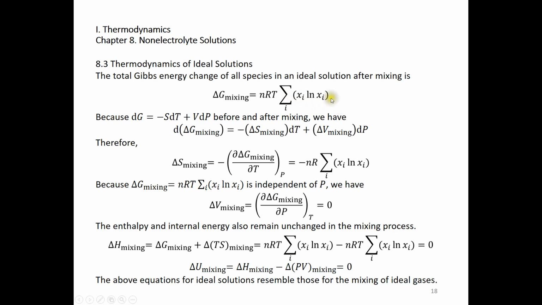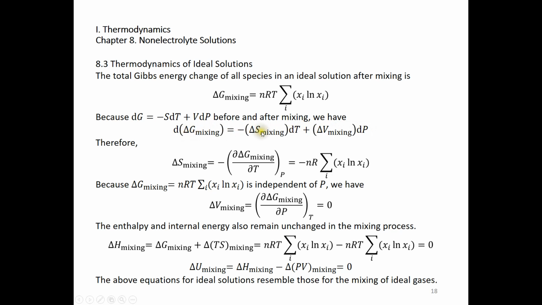Now we have this expression for the Gibbs energy of mixing, nRT times the sum of x_i ln x_i. Now let's look at this differential of G. dG is negative S dT plus V dP for a single species. From this equation, we can take the difference before versus after mixing. And then we have the differential of delta G equals negative delta S dT plus delta V dP.